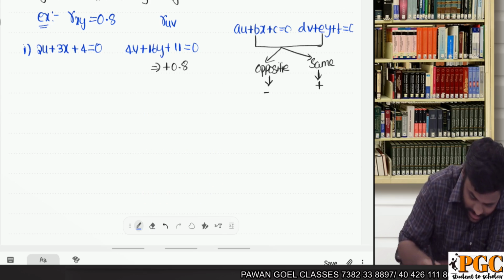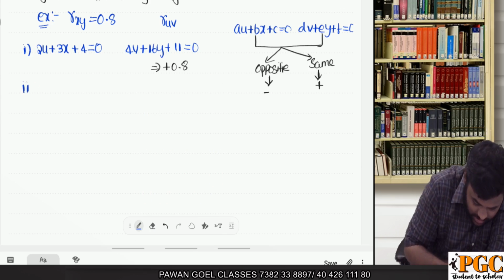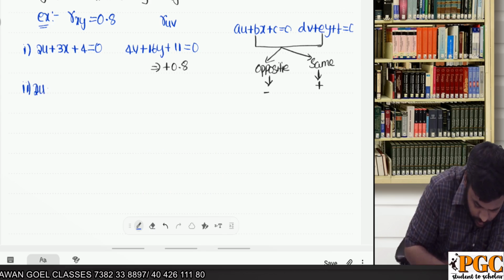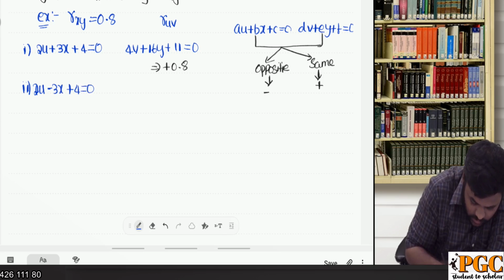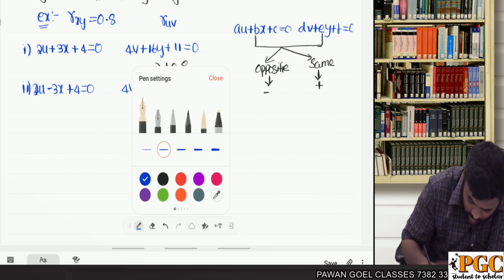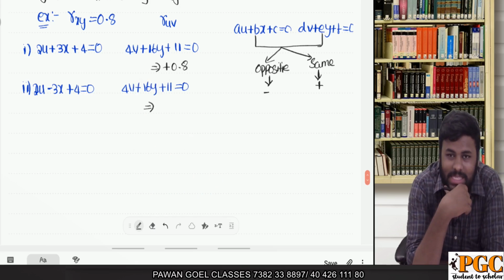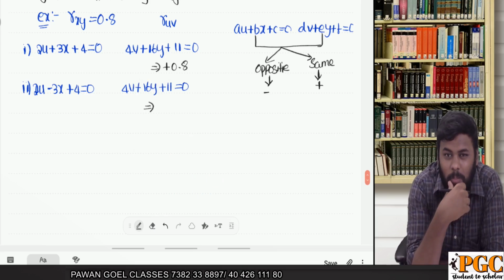Now instead, my dear friends, it is given somewhat like this: 2u minus 3x plus 4 is equal to 0, 4v plus 16y plus 11 equal to 0. In this case, my dear friends, if you look at the x and y symbols, both are having opposite symbols, right?